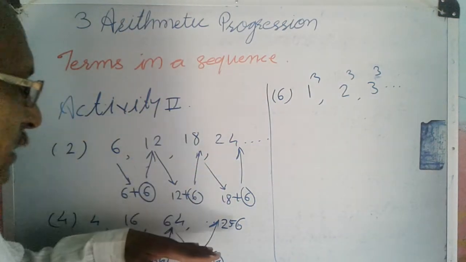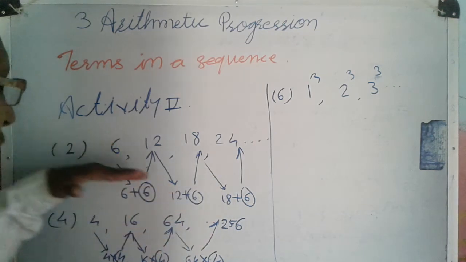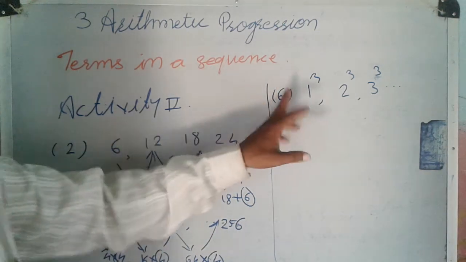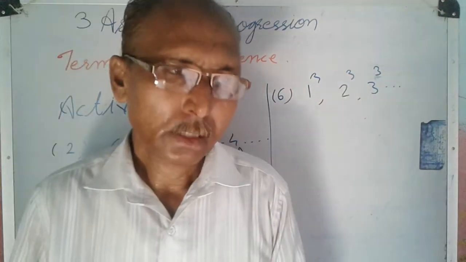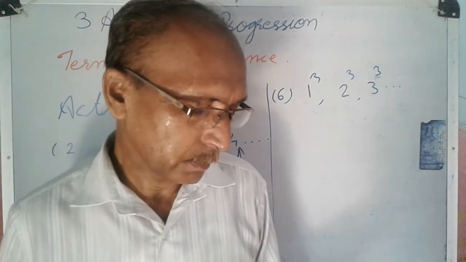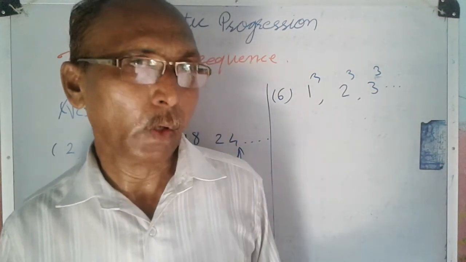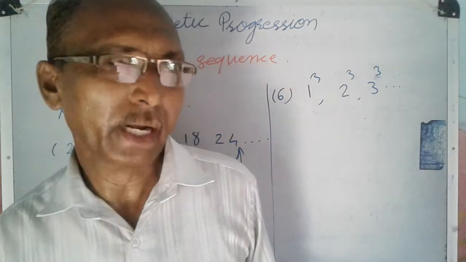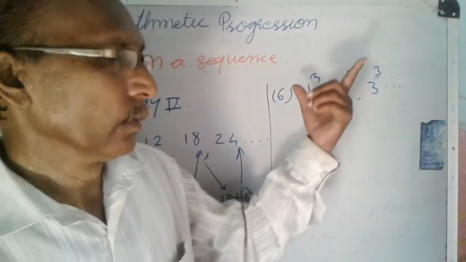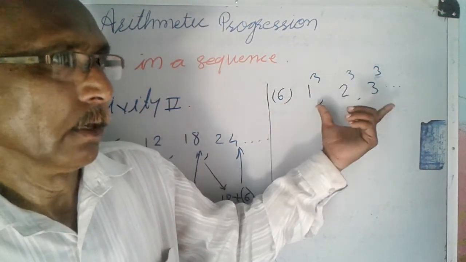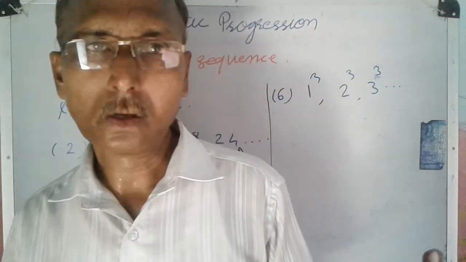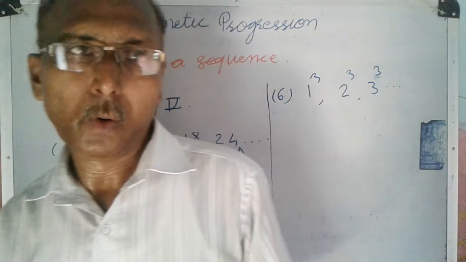Now in this standard we will study only arithmetic progression. And the sixth example is neither an arithmetic progression nor a geometric progression.